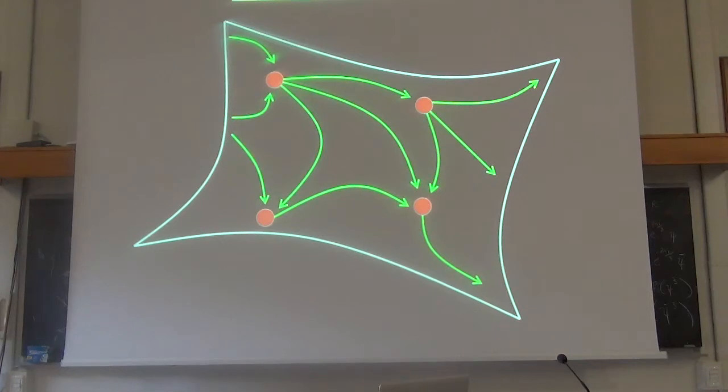So for instance, this flow can only cross special points which are called critical points. What are critical points? They are the special values of the couplings where, no matter how you change the scale, the value remains the same.